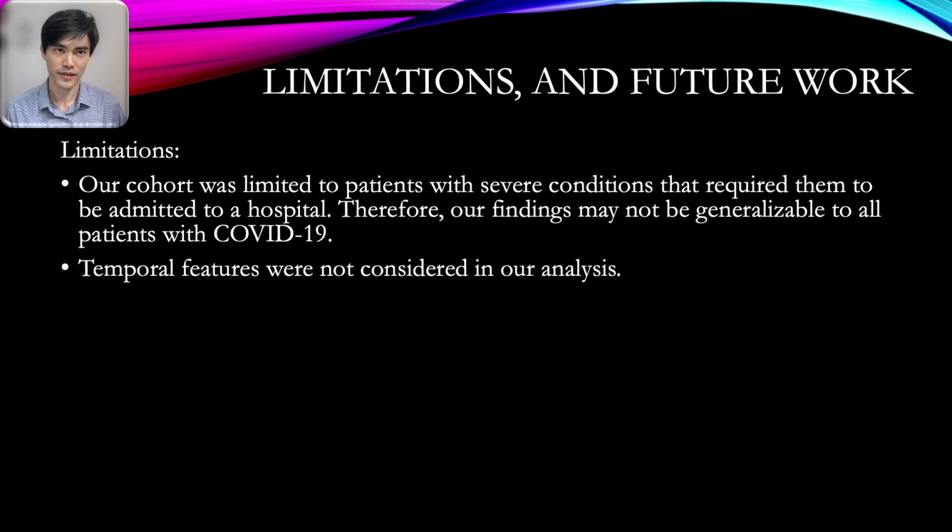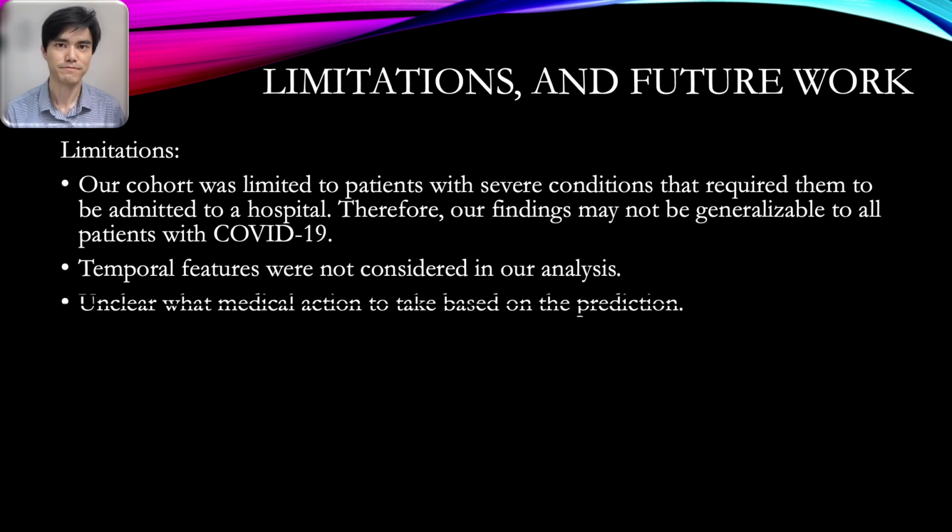Perhaps if they survive till the second week, they are less likely to die. So those kinds of temporal features were not taken into consideration. And it is still unclear what medical action to take based on the prediction. So if it's 60%, is that the time when you take the patient to ICU or not? When do you give the ventilator? These kinds of clinical correlations are harder to answer.